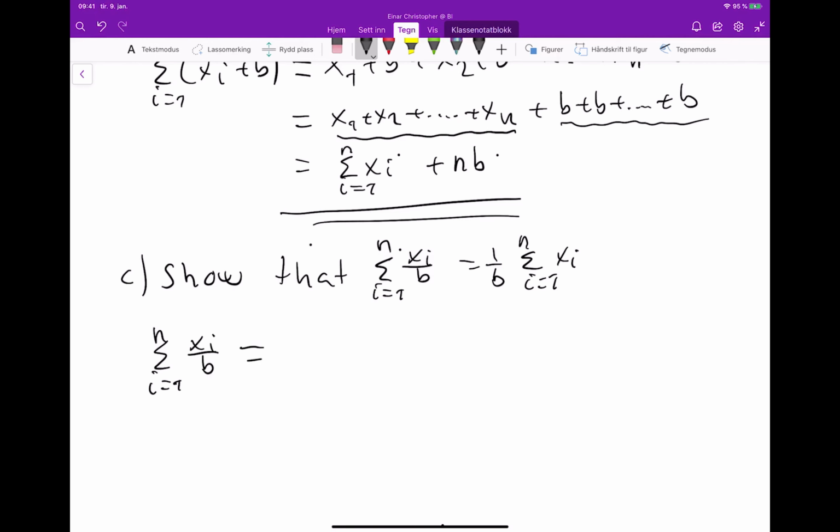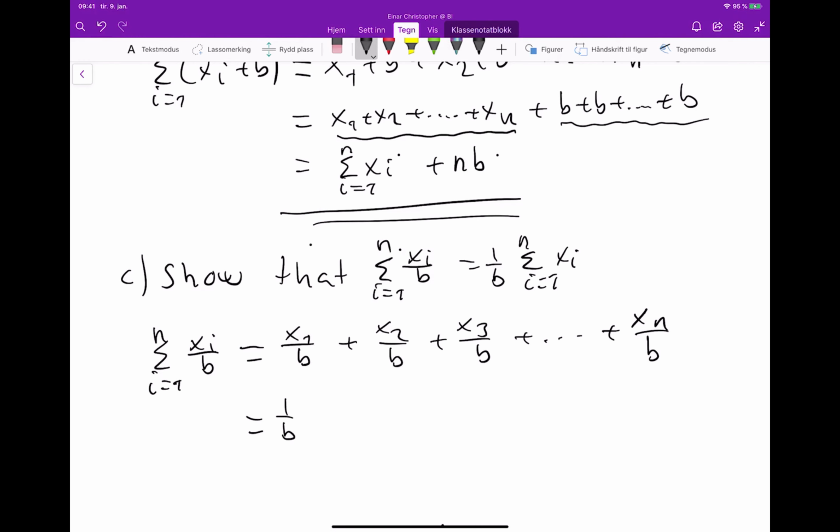Then we expand, we rewrite the sum in all its terms, so we get x1 divided by b, and we then let i be 2, then we have to add x2 divided by b, and I could actually write the next one is 3, so then x3 divided by b plus ... plus the last one xn divided by b. But then we see that 1 over b is in all the terms here, so we can factorize this outside a parenthesis.